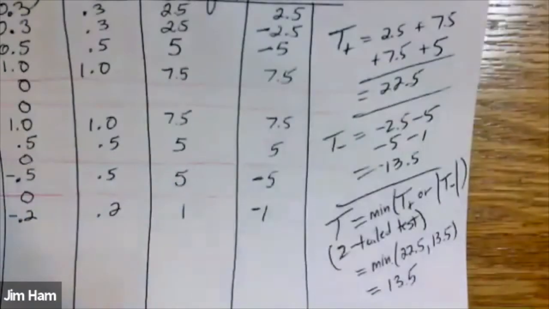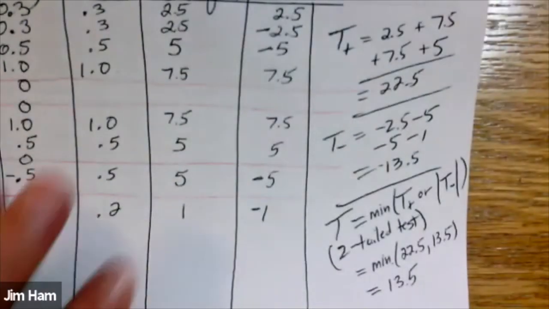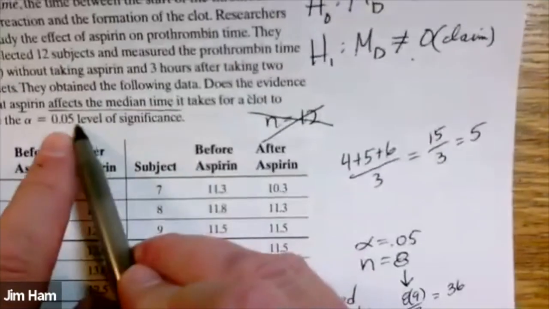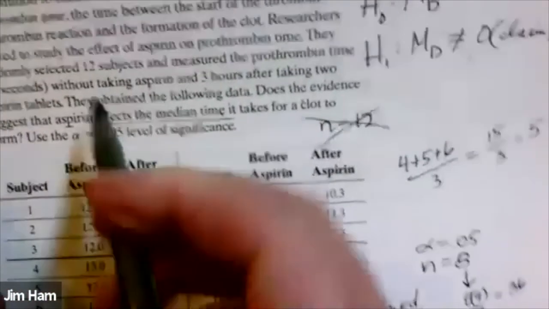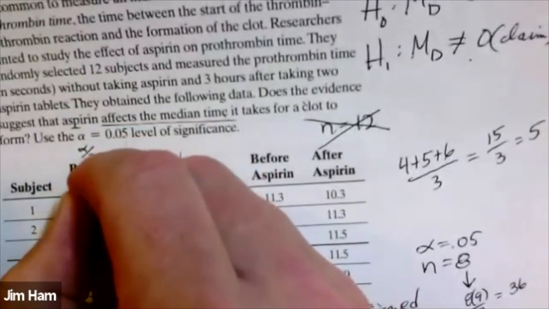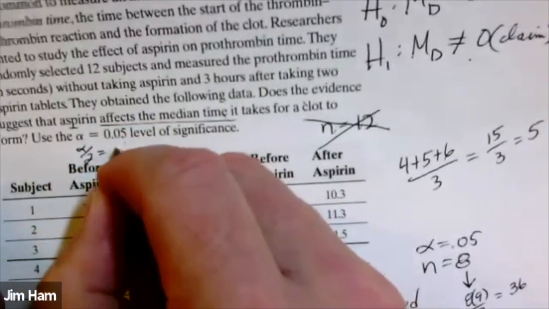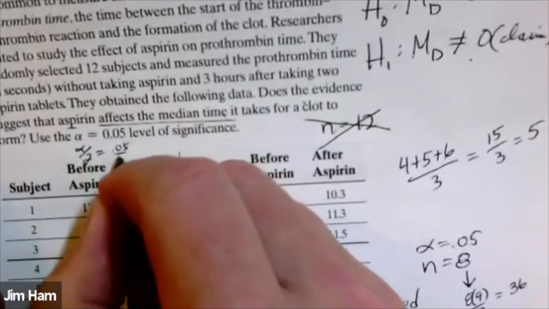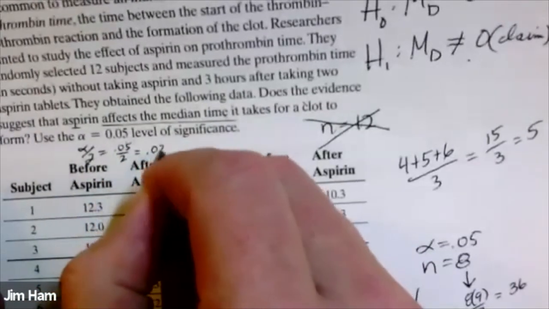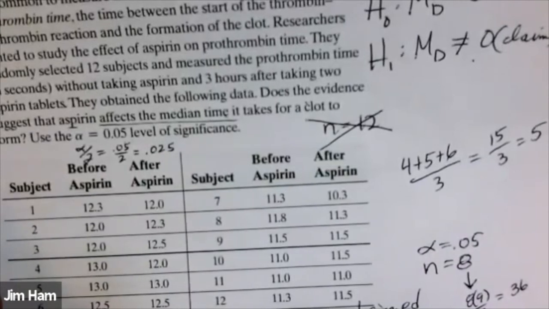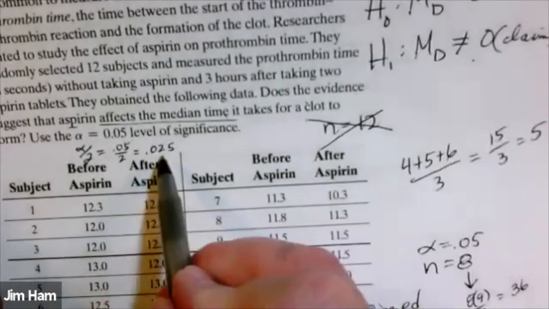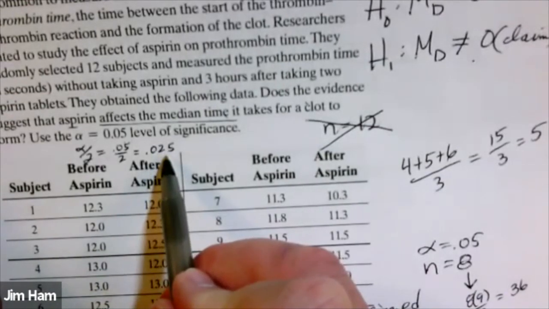Okay, so let me just share a subtle part about this. If alpha is equal to 0.05, then in a two-tailed test, alpha over 2 is half of that. So it's 0.025. And so the alpha that we should choose here, because it's a two-tailed test, we should choose the column of 0.025.